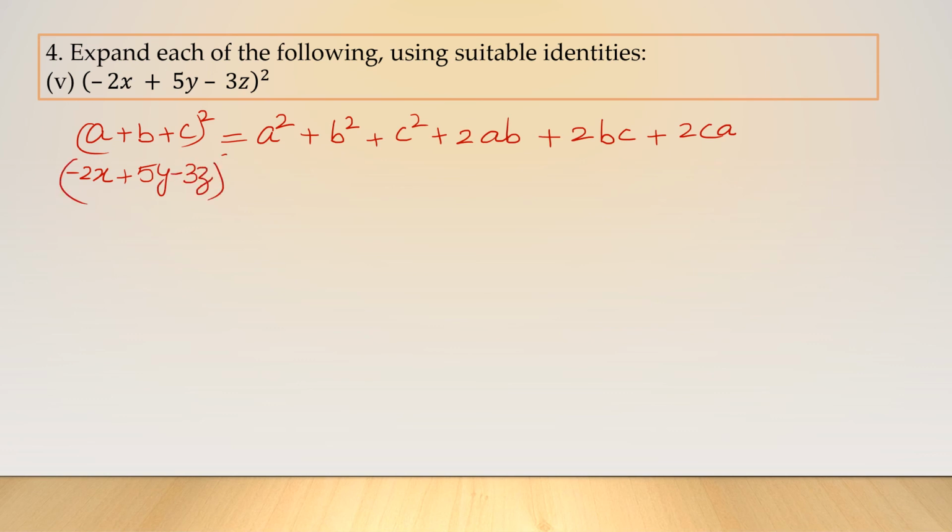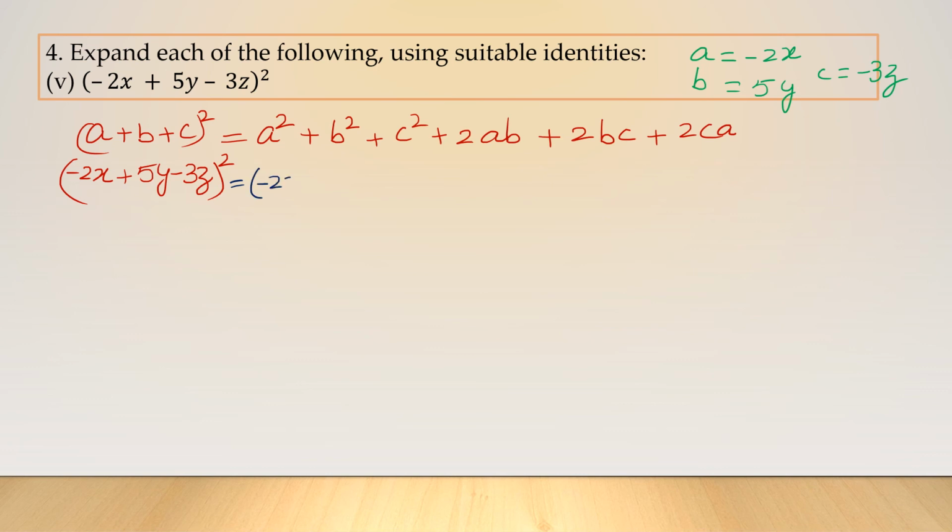Now let's do the comparison. So for a, minus 2x is written. For B, 5y is written. And for C, minus 3z is written. So let's substitute the value.